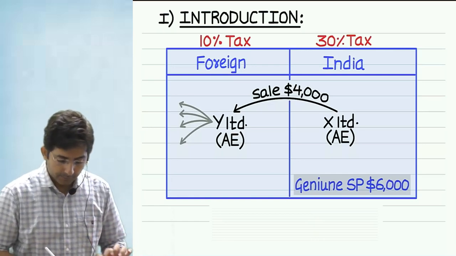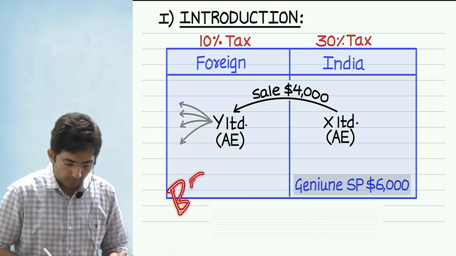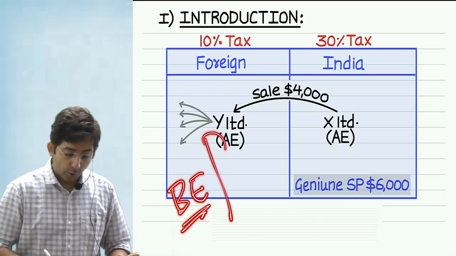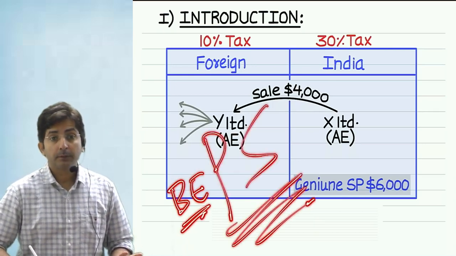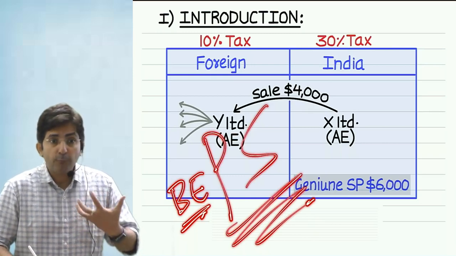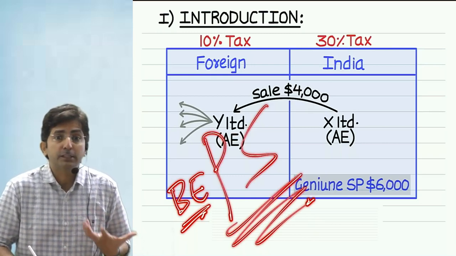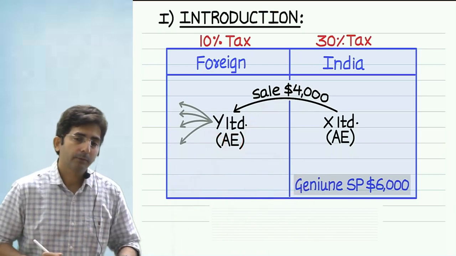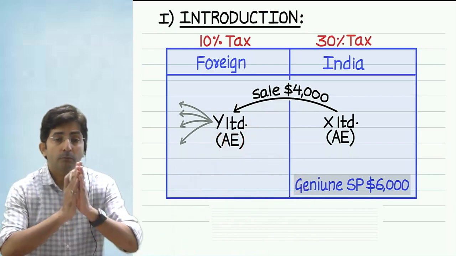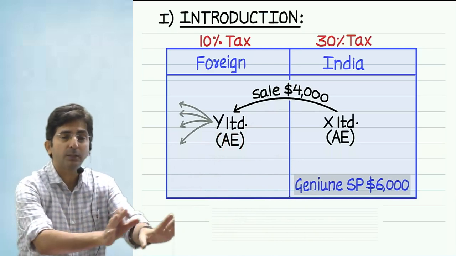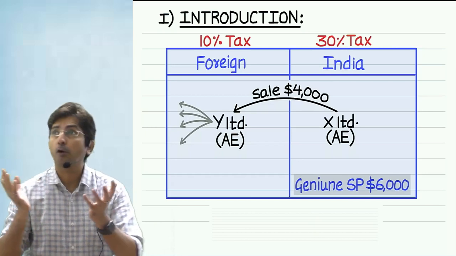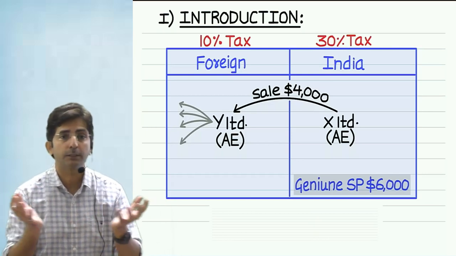See here, the best way to feel it is, don't focus on base erosion. Focus on profit shifting. This is necessary for you to feel why the profit is shifting. Did you feel the shifting of profit? How? Firstly, don't pay attention to the words base erosion. I will explain what base erosion is. First, focus on profit shifting.